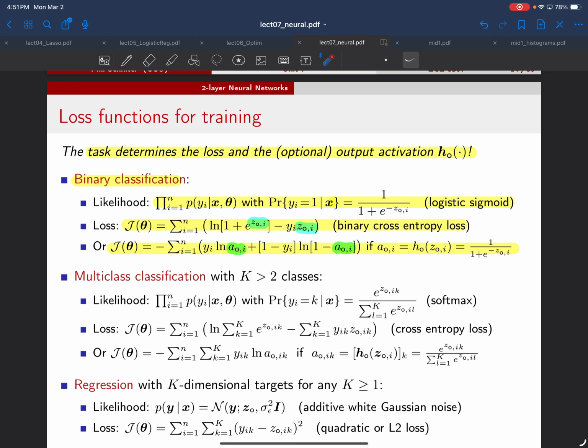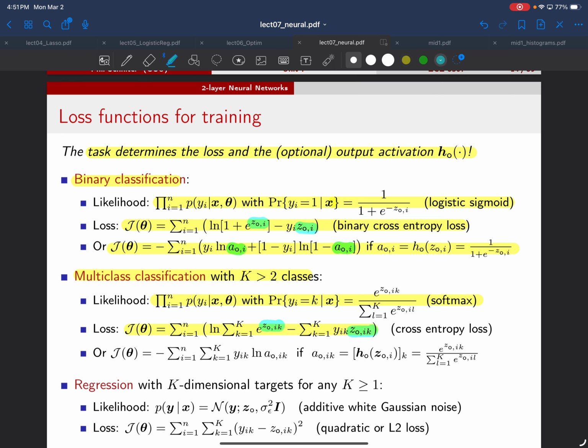Any questions on this? Okay. So then we have the multi-class case. K greater than 2 classes. So the likelihood that we derived used this softmax. And so again, we have two options for how we could write the loss. The first one is to write the loss, this is the one we derived, in terms of the z variables.